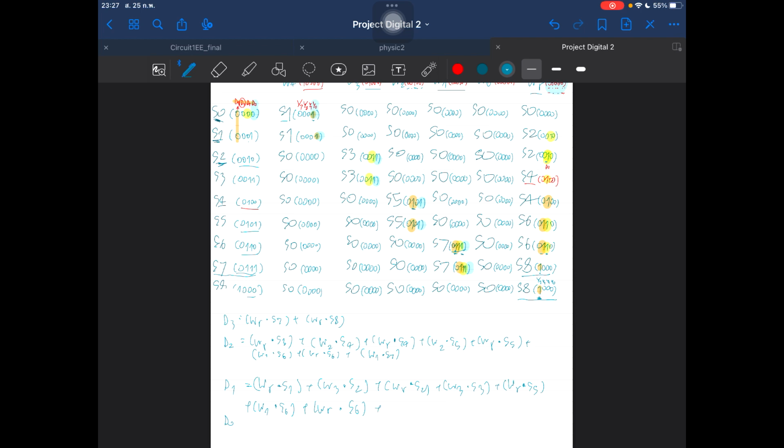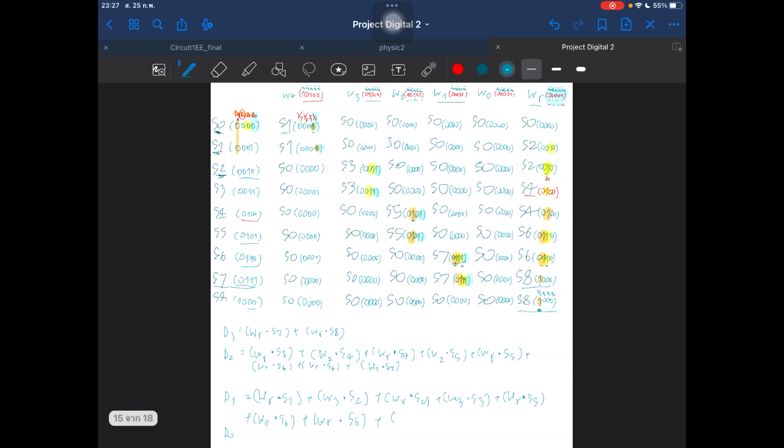Then go to state 7. State 7, D1 0 here, 0 here, 0 and 1 here. Look at the input first. Input is W1 and state is state 7.